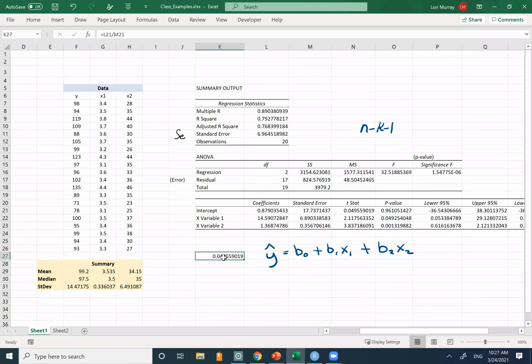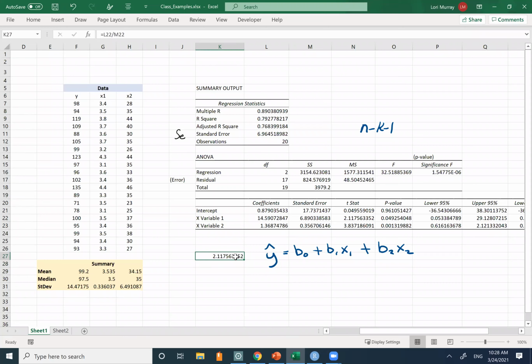Okay, let's try another one. If I take the coefficient for x1, divide by its standard error. Remember, we don't have formal formulas for deriving these with multiple regression like we did with simple regression. So we need the software, and if you have those available, you can easily get this test statistic. If you were given just the coefficients and standard errors, you just take the coefficient, divide by the standard error, and you get the test statistic.